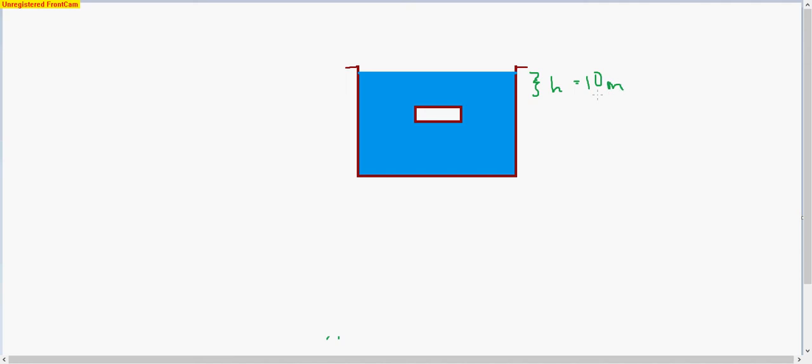It's not an SI unit, so let it be meters. 10 meters is the height of the water above this wood. Yes, H is equal to 10. Now we need to find the pressure. That's the question, and that's all you have in the question. Find P. It's kind of hard, you just have that height, but that's all you need actually for finding pressure.